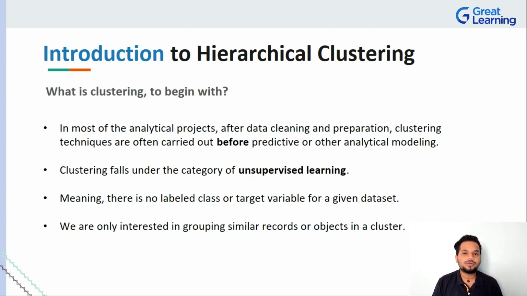So what we are trying to do here is we are very much interested in grouping similar records, grouping similar objects into a cluster, and then eventually using this cluster to understand how things progress and how you can work with your data better, right?